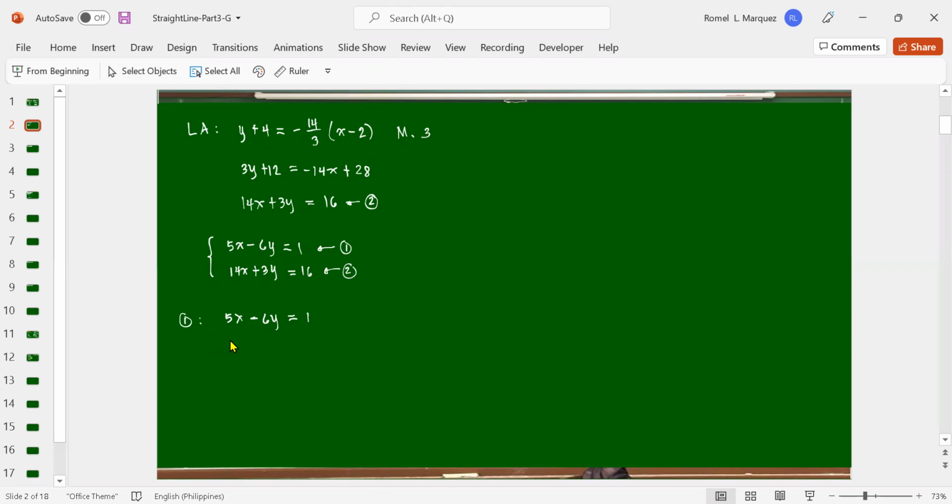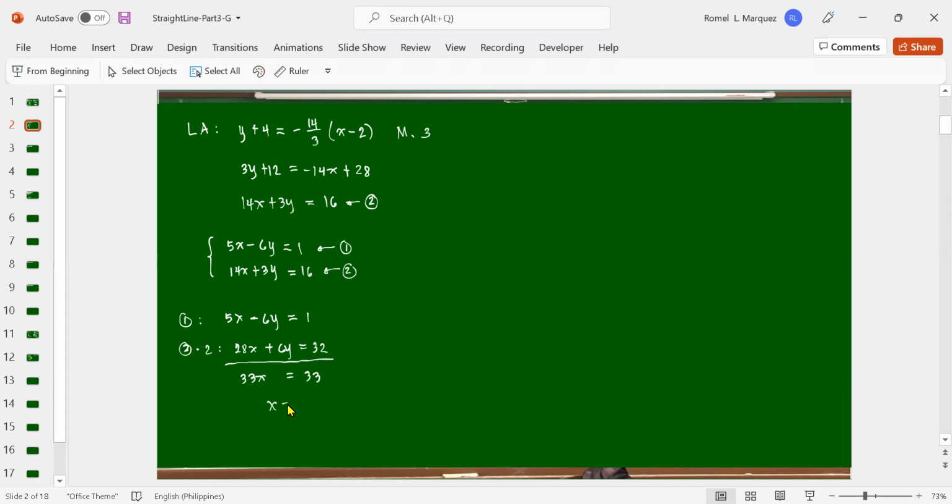And then the second one is multiplied by 2, so times 2 equation number 2: 28x plus 6y equals 32. Okay, guys? Then we add, and this gives us 33x, and that is equal to 33.